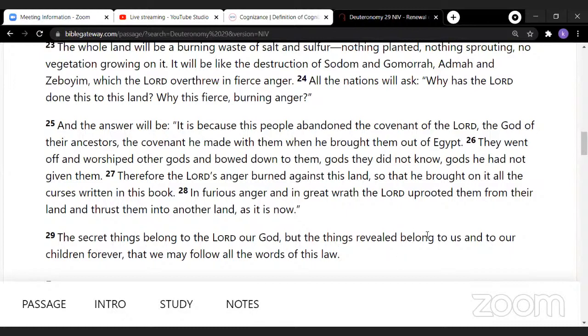The Most High is disclosing to us, right? But the things revealed belong to us and our children forever. Why? That is another word for saying the purpose, right? That we may follow all the words of this law.